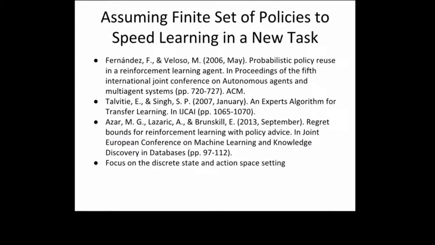Now, there's also been a lot of other work in the direct policy search techniques, where we're again making strong assumptions of what that policy class looks like, but aren't necessarily modeling it in a Gaussian process or neural network way. And in particular, there's been a number of papers that think about a mixture of experts approach, where, either because you've been doing lifelong learning or because you have access to a set of experts, we can get a finite set of policies to try to speed learning in a new task.